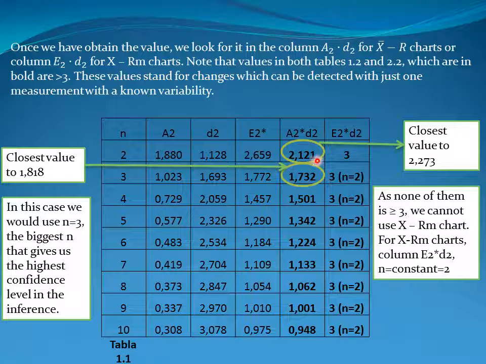In the other example we would also choose the closest highest value, this one, and we would have a sample size of 2.